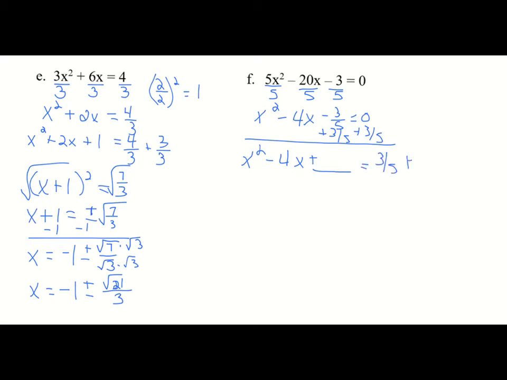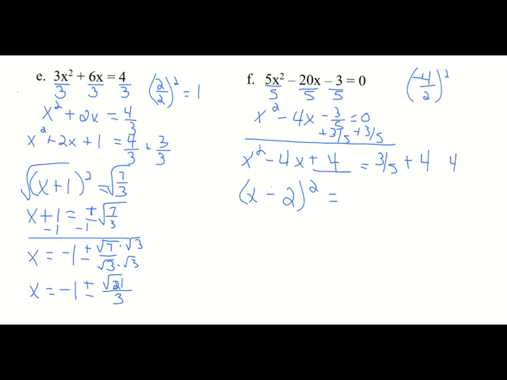plus, all right, b is negative 4. So if we take negative 4 divided by 2, and square it, negative 2 squared is equal to a positive 4. So we're going to add that together. When we factor the first part, it will give me x, I forgot my x there, get the eraser, x minus 2 squared is equal to, now again, 3/5 plus 4/5 or 4, I want to convert it into a denominator of 5.